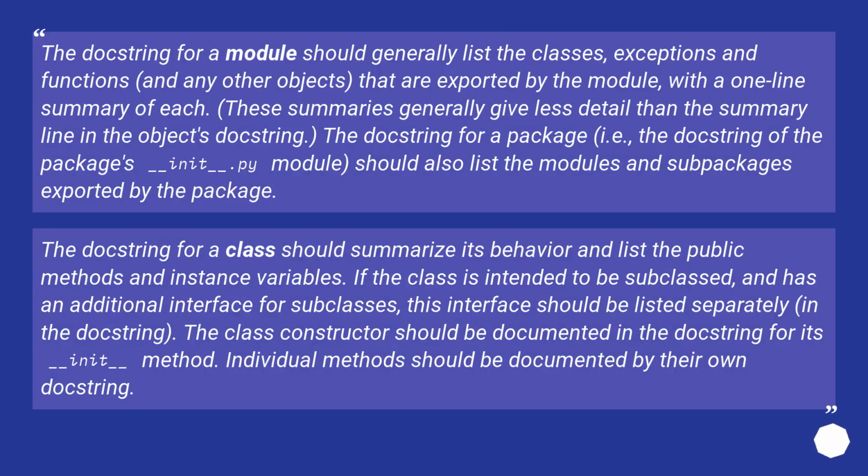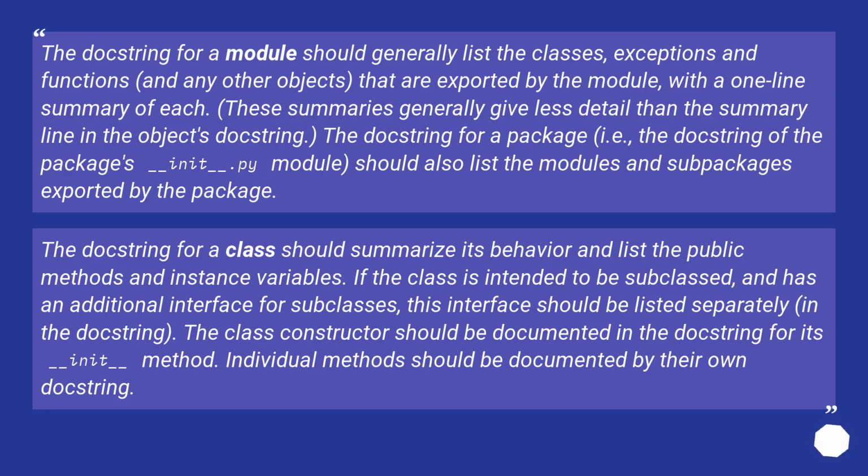The docstring for a module should generally list the classes, exceptions and functions, and any other objects that are exported by the module, with a one-line summary of each. These summaries generally give less detail than the summary line in the object's docstring. The docstring for a package, i.e., the docstring of the package's __init__.py module, should also list the modules and sub-packages exported by the package.